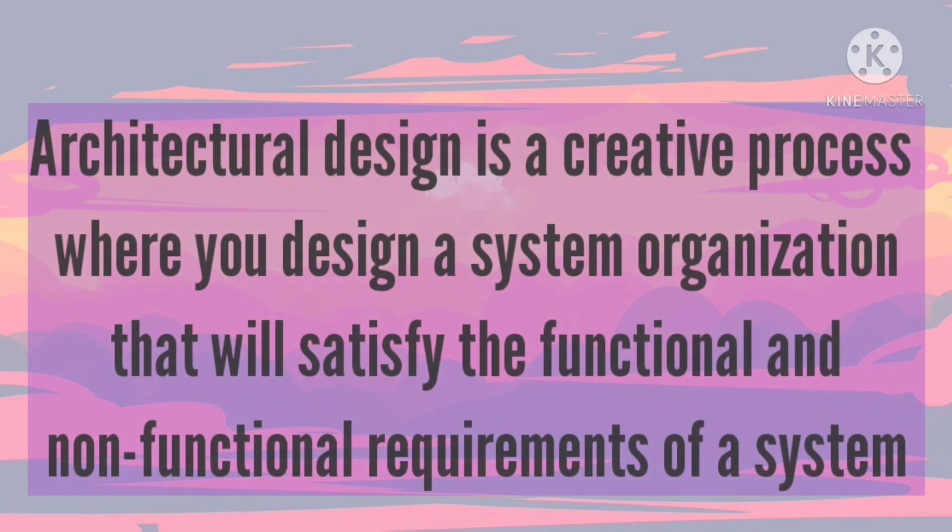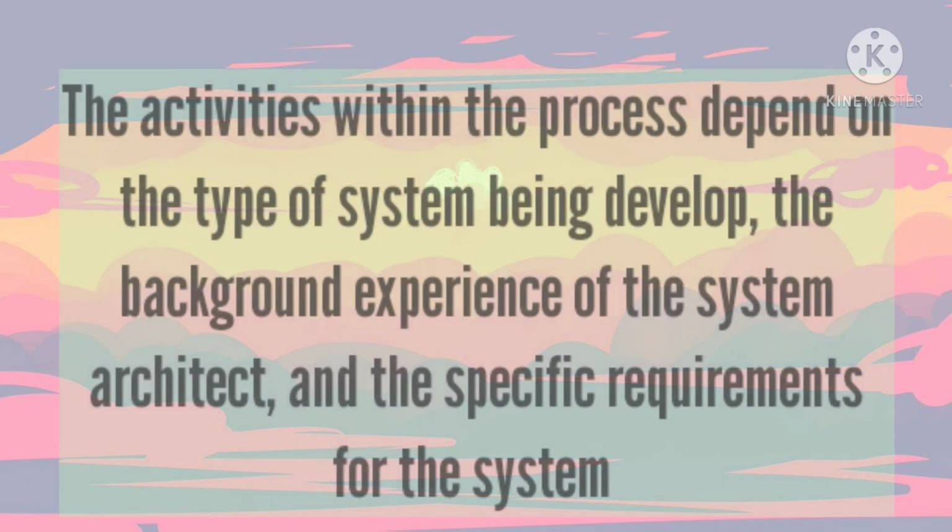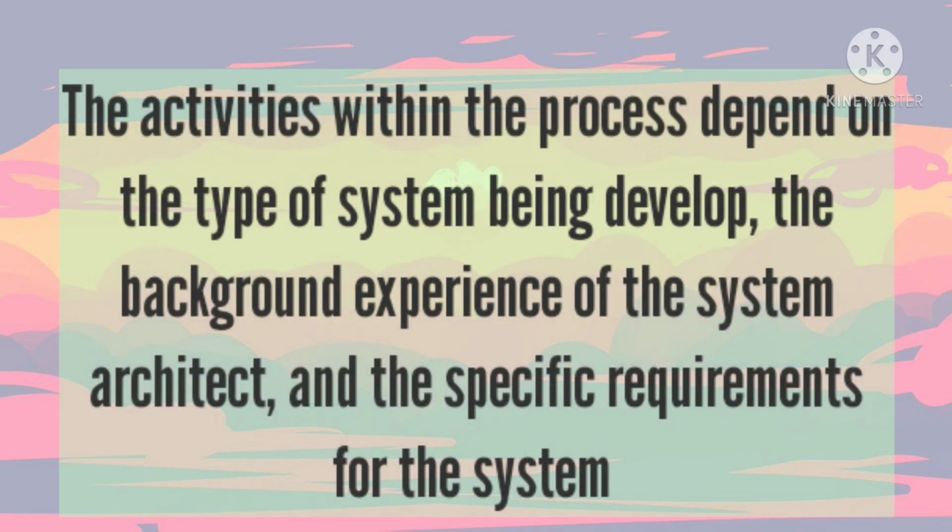Architectural design is a creative process where you design a system organization that will satisfy the functional and non-functional requirements of the system. The activities within the process depend on the type of system being developed, the background experience of the system architect, and the specific requirements for the system.